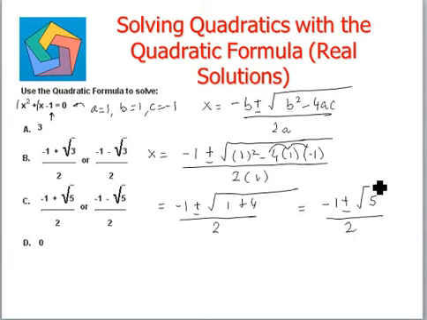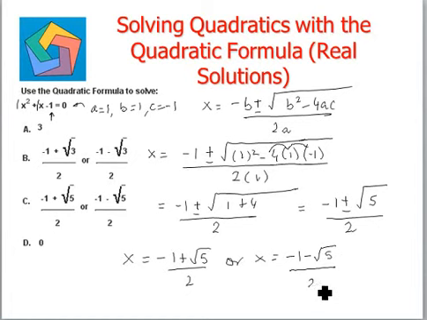The square root of 5 cannot be simplified further, so the values of x are negative 1 plus root 5 over 2, or x can take another value of negative 1 minus root 5 divided by 2. These are the two possible values of x, and can be seen in option C.